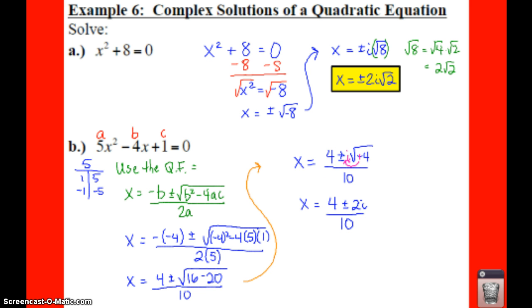And remember our rule of 3, if you have 3 terms that can all be reduced by something, we can divide all of this by 2, if they are numbers outside of a radical. So you get x equals 2 plus or minus i, all over 5. So you get your 2 solutions that you had to get when you have an x squared.